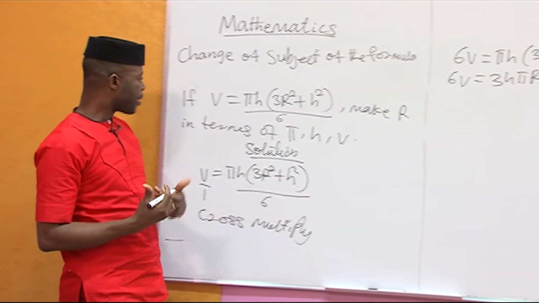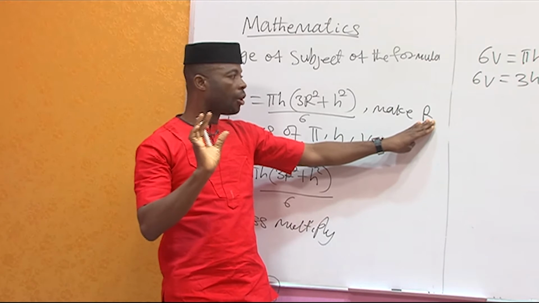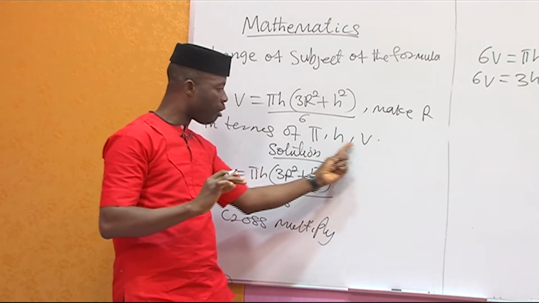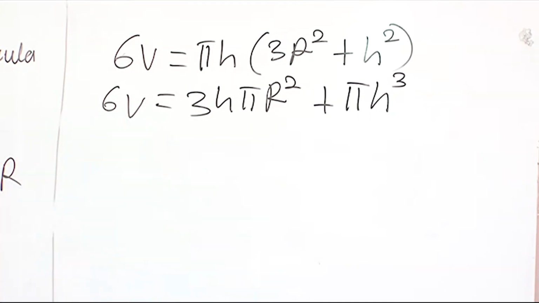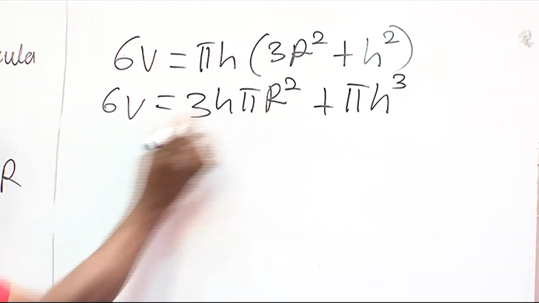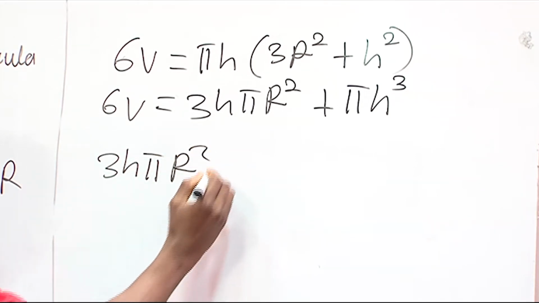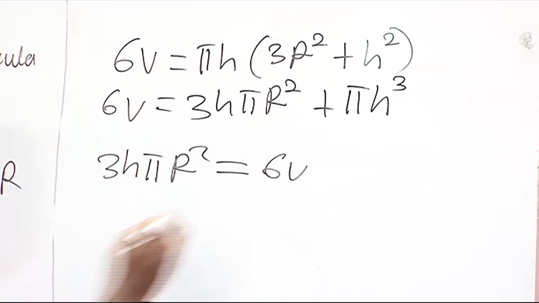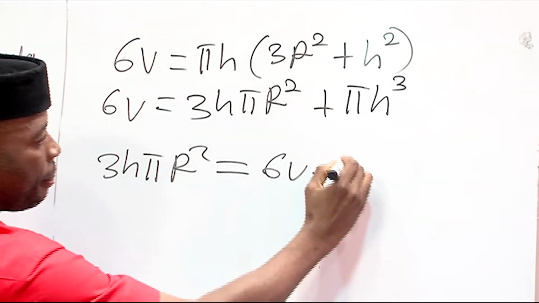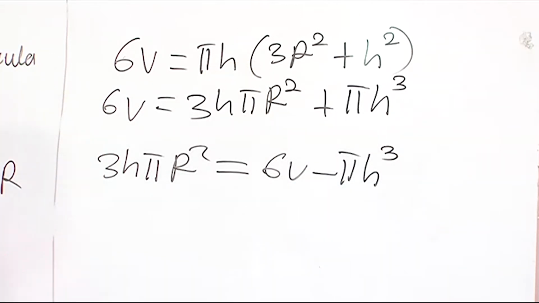Now we are asked to make R stand alone in terms of these 3 variables. We have the capital R, 3h pi R square equals 6V minus pi h raised to power 3.